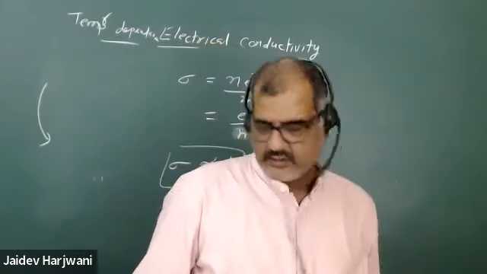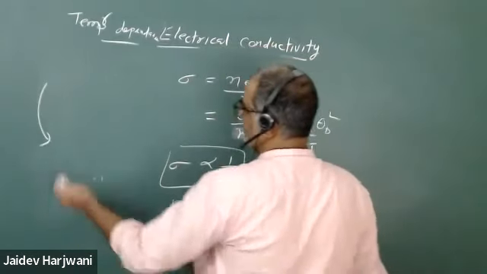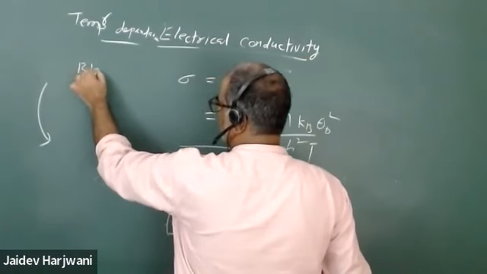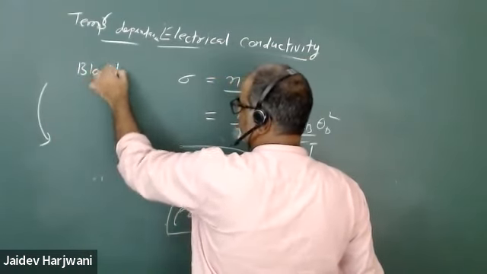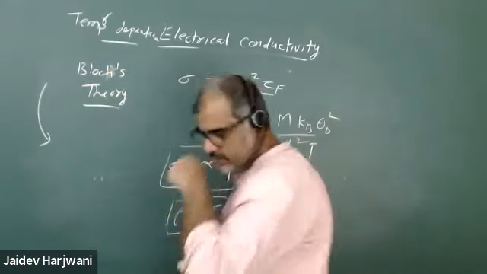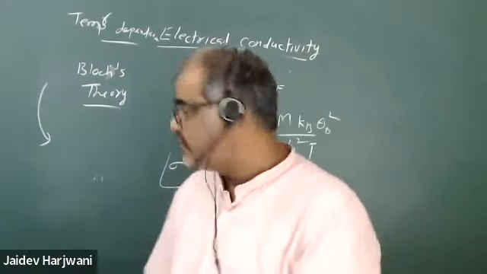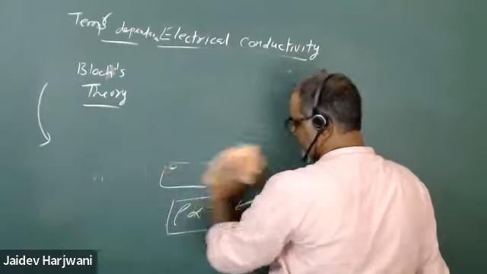So at low temperature, you put Bloch's theory in order to explain the correct expression for electric conductivity.